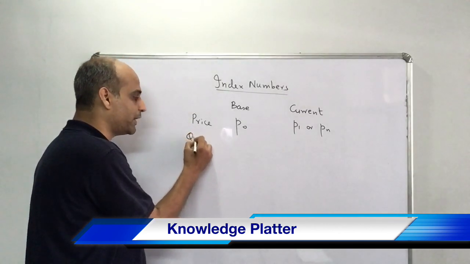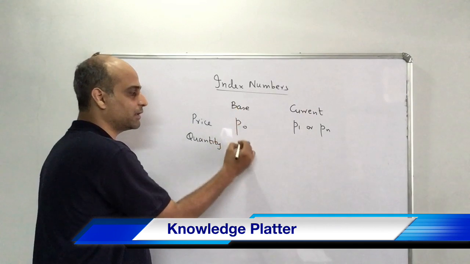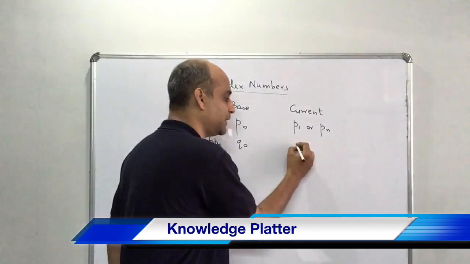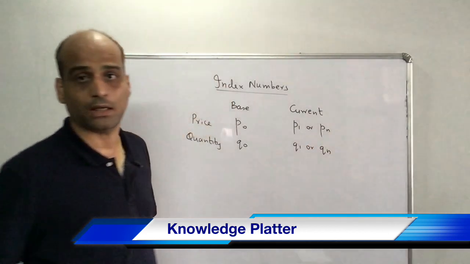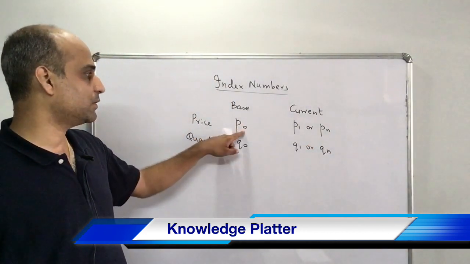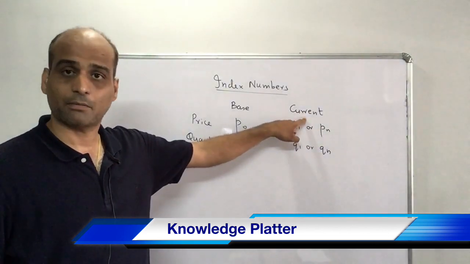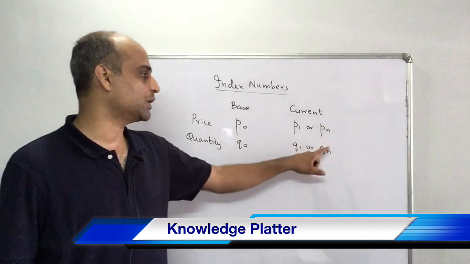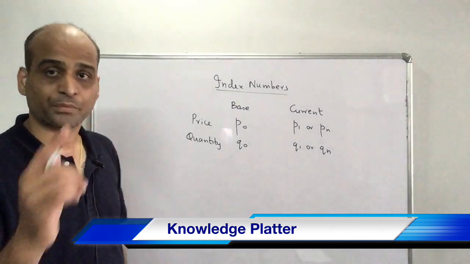Likewise, any quantity value of the base period would be Q0, and for the current period it would be Q1 or Qn. So P0 is the base period price, P1 or Pn is the current period price, Q0 is the quantity of the base period, and Q1 or Qn are the quantities of the current period.